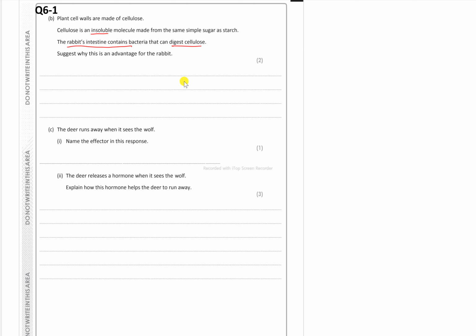It's made out of starch, so remember, starch is eventually digested into glucose, and then the rabbit will use it for aerobic respiration.